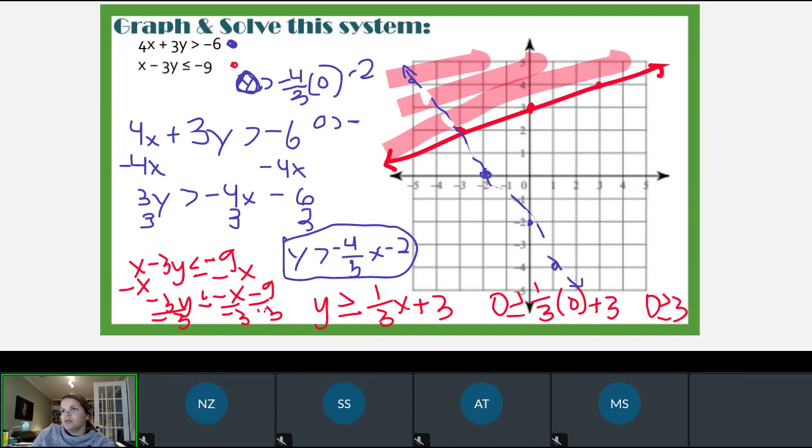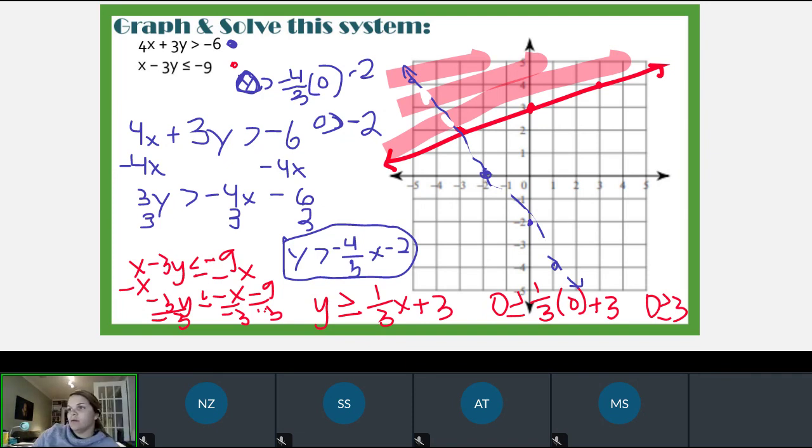Good. So is 0 greater than -2? So 0 would be bigger than -2.